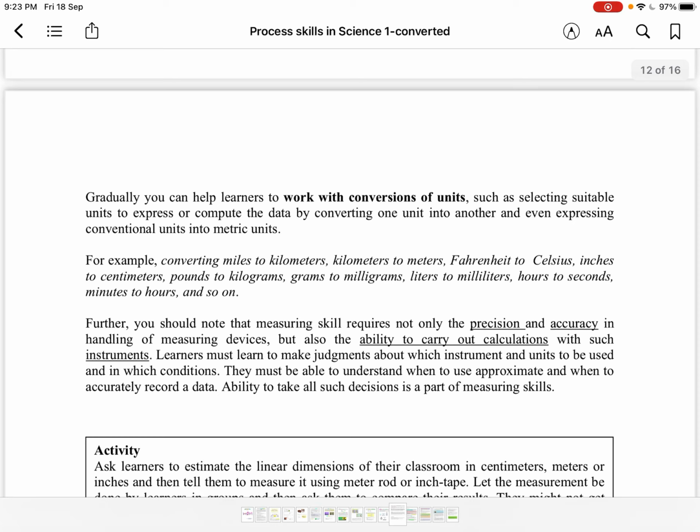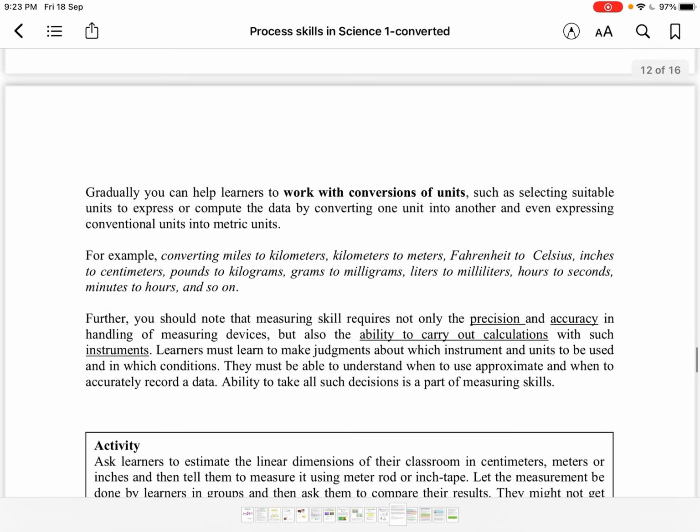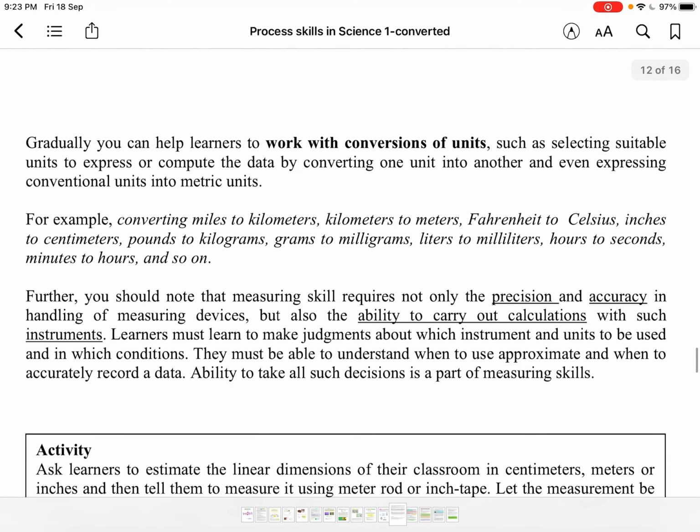Once they learn to measure certain basic units by using different devices, as mentioned in this particular lesson, they can be encouraged to do further enhancement of their measuring skills.